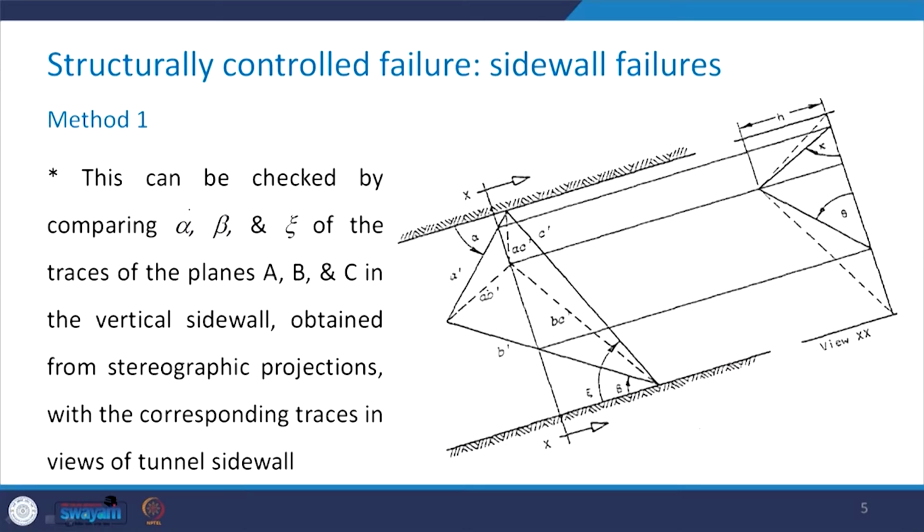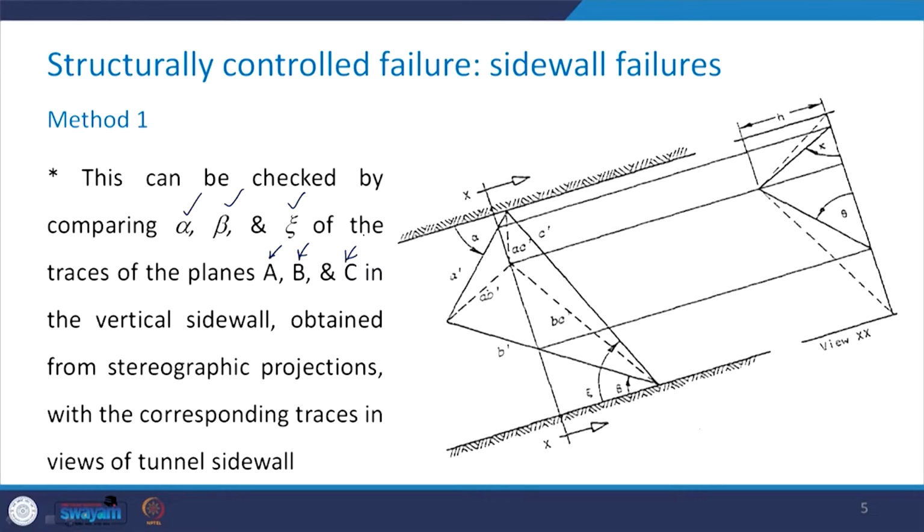Now, it can be checked by comparing these 3 angles alpha, beta and zeta of the traces of the planes respectively for A, B and C in the vertical side wall obtained from the stereographic projections with the corresponding traces in the views of the tunnel side wall.